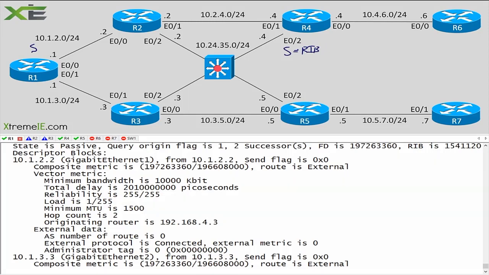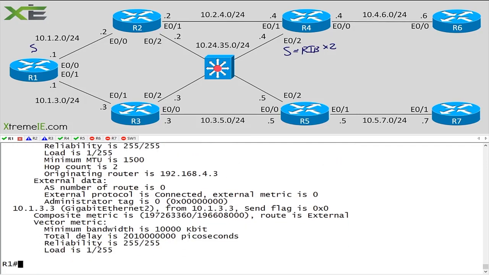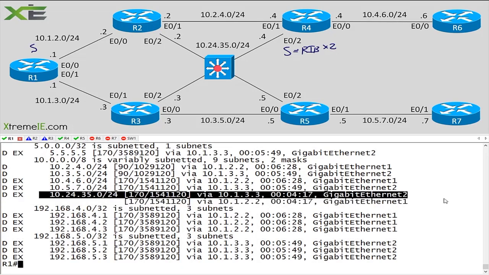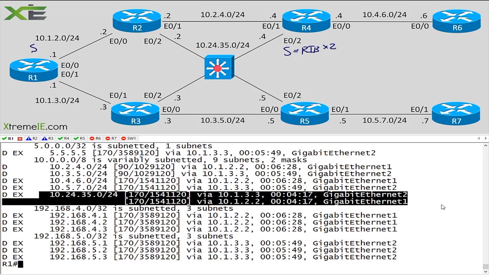If we have more than one successor, so let's just say successor times 2, we will have 2 successors in the routing table. So when we have an equal cost metric, let's say show IP route EIGRP, we're going to add both of those successor routes into the routing table, right?